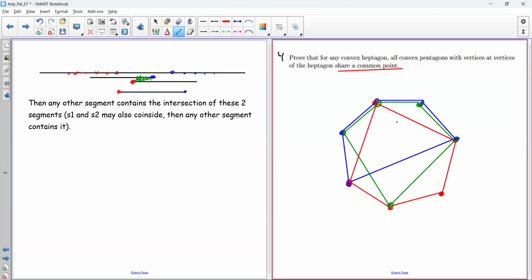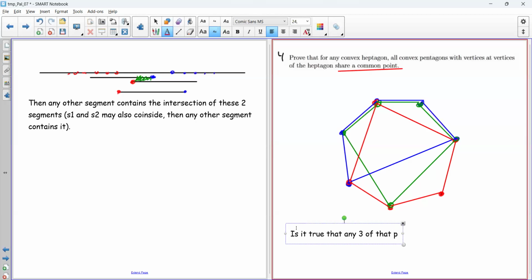So here the question is: is it true that any three of these pentagons have a common point? And I like such reformulations badly, because this question is a particular case, right?